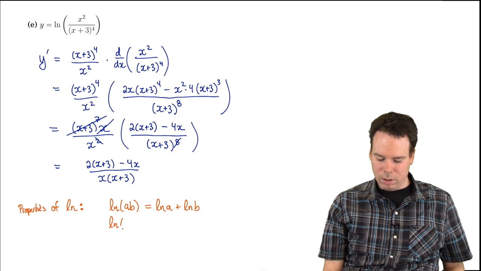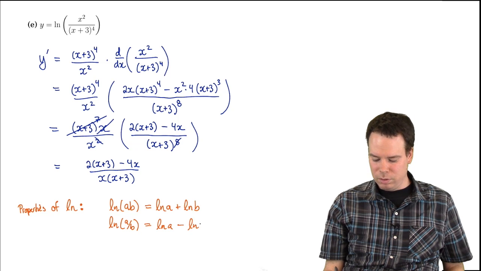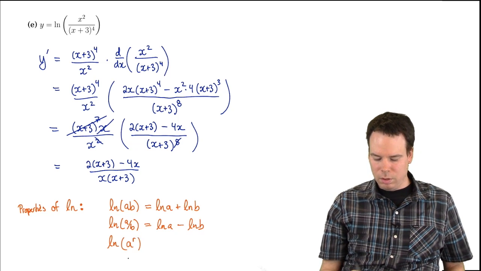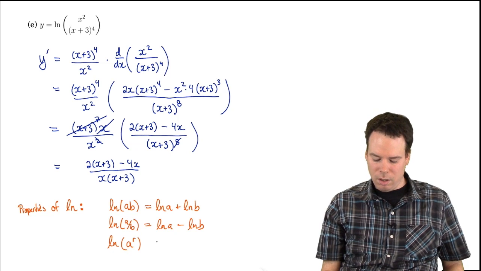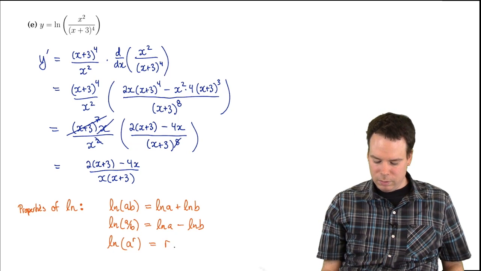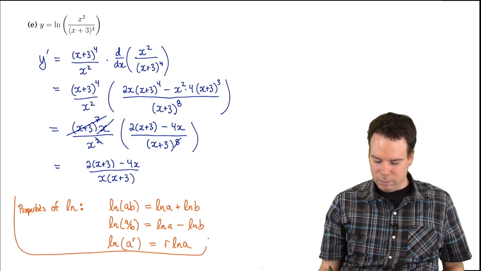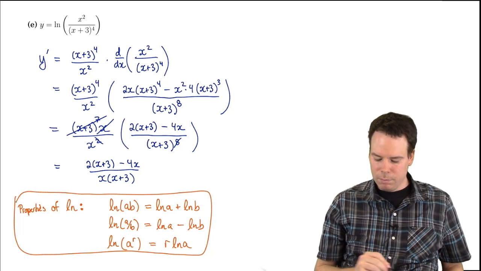How about the natural log of a quotient? Natural log of a over b is natural log of a minus the natural log of b. And one last one, if we had natural log of a to the r, well, that's equivalent to r times ln of a. So these are properties of logarithms that we've learned before.